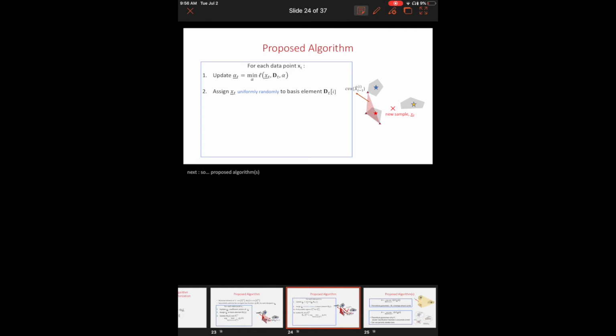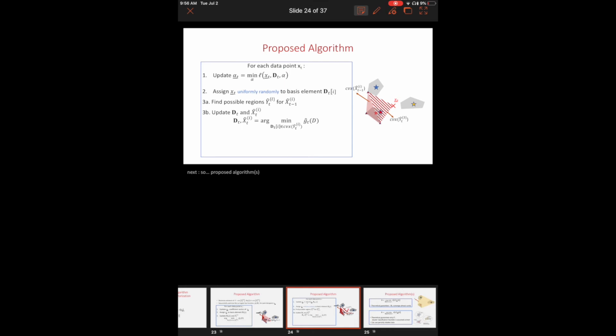We uniformly randomly classify the data point to the basis element d_t of i, and we find possible values for the estimate x hat t of i for this estimate of the compact space C. Among all of these estimates, we choose the best estimate that minimizes the surrogate loss function.